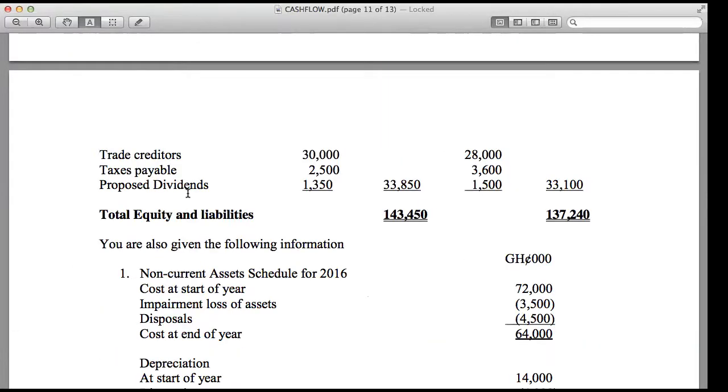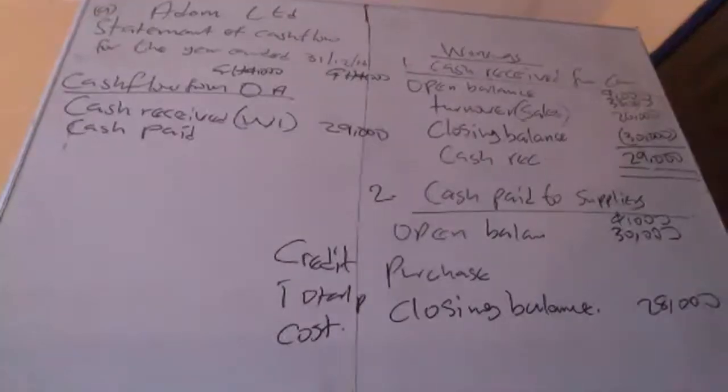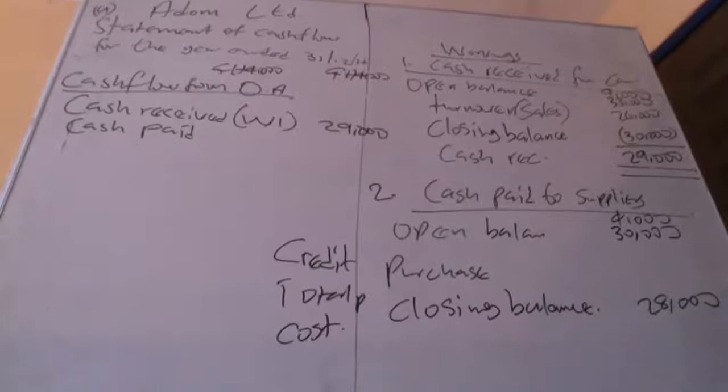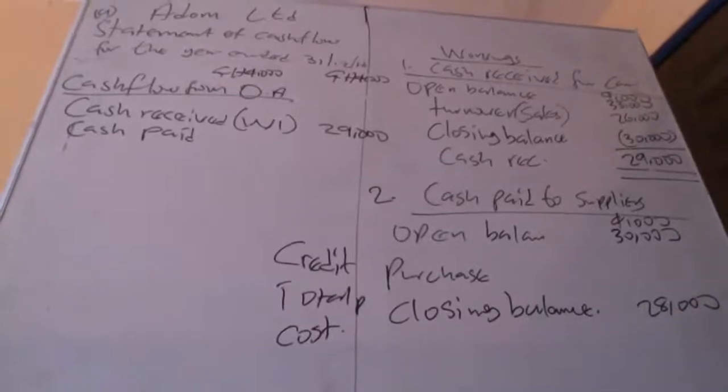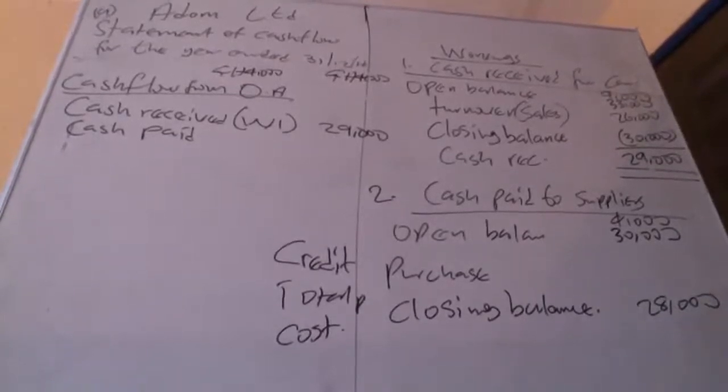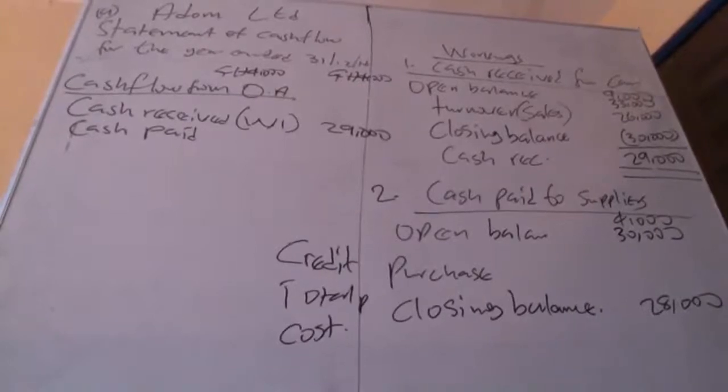Trade creditors, opening balance is 30,000, closing balance is 28. So opening balance is 30,000, closing balance is what? 28. So when you go, open a workings and then write open balance, closing balance. In fact, even if you can copy that format alone, you get what?